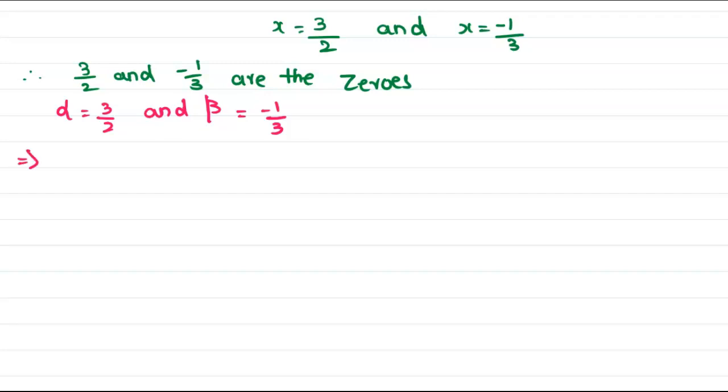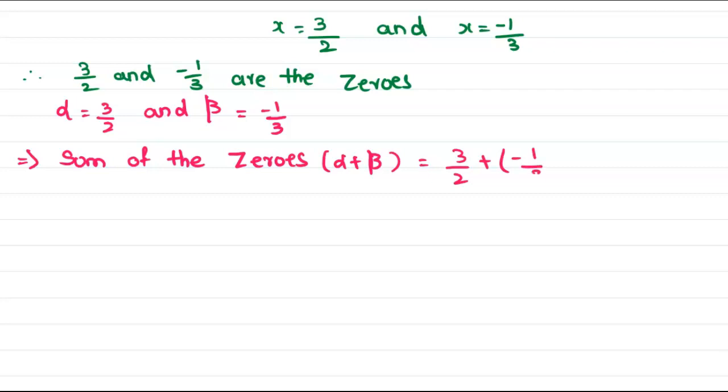So from this we have to find out the relation between the zeros. That is the first one, sum of the zeros, that is in the form of alpha plus beta is equal to alpha value 3 by 2, plus beta value minus 1 by 3.